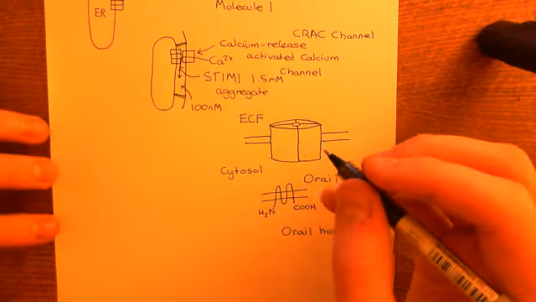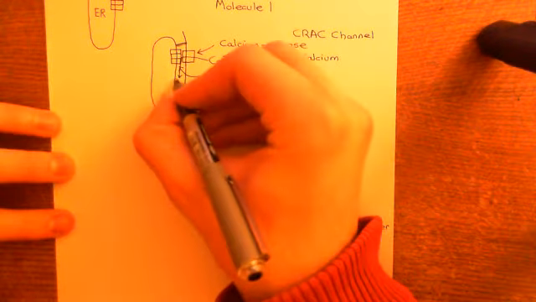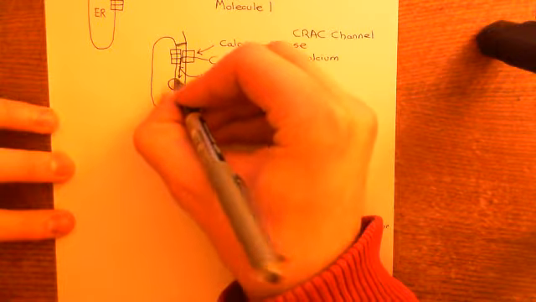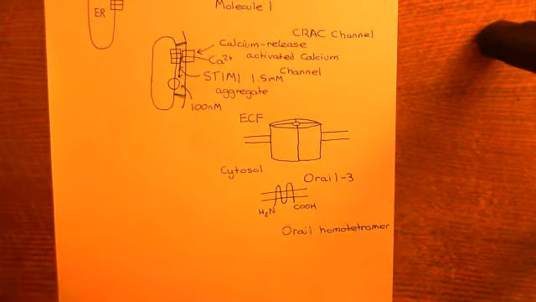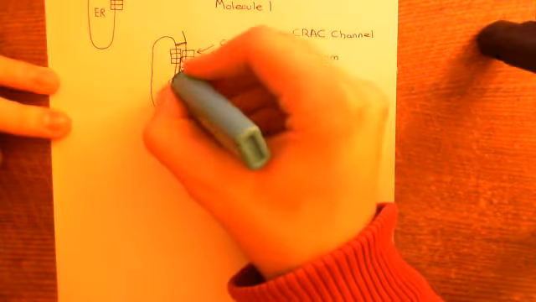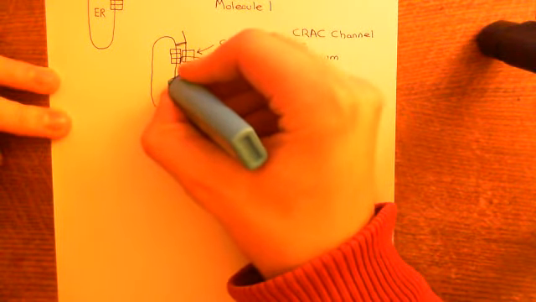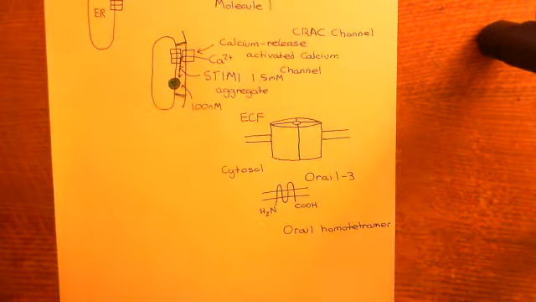And now what will happen is you've then got a special pump here, which I'm going to highlight in blue, known as the sarco/endoplasmic reticulum calcium ATPase. So it's now here in blue.